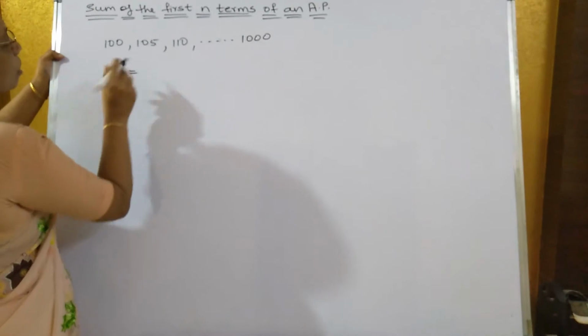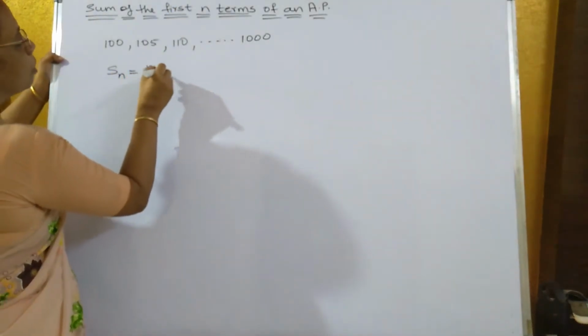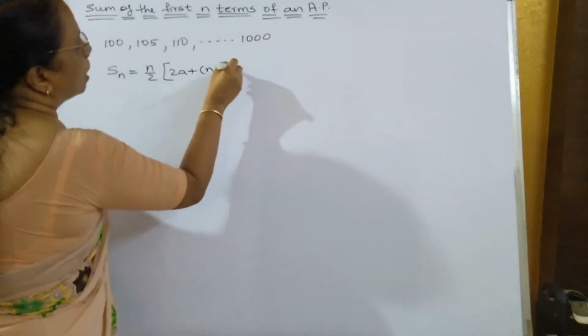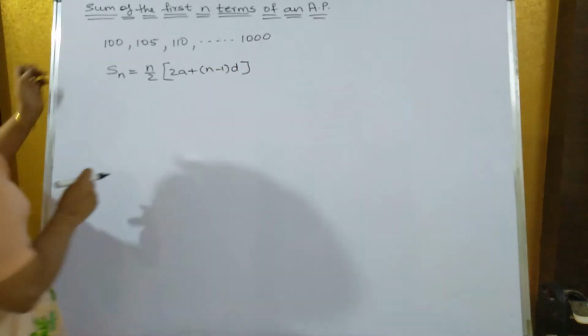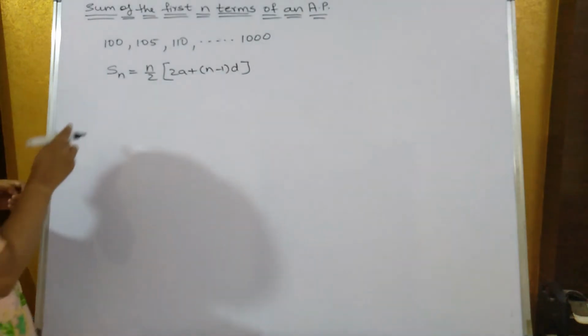Sn is equal to, what is Sn? Sum of the first n terms is equal to n upon 2 into 2a plus n minus 1 into d. If you know the first and the last term, then you can use another formula for that.